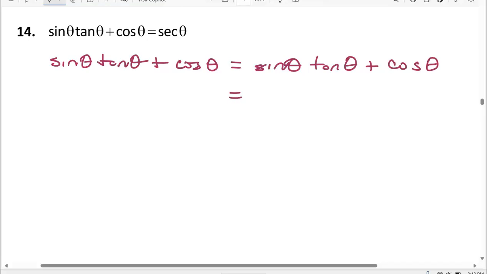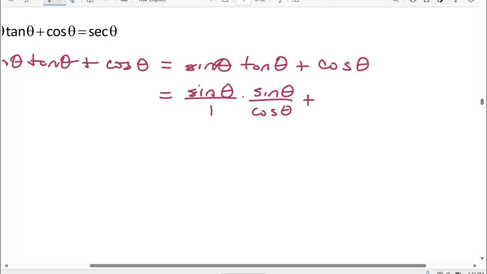On the right side, we can transform. So sine of theta can be rewritten as sine of theta over 1. Tangent of theta can be written as sine of theta over the cosine of theta using the quotient identity. And then cosine of theta is cosine of theta over 1.